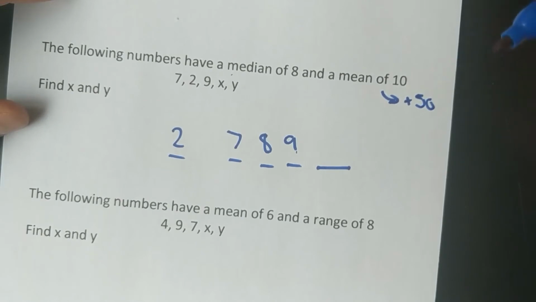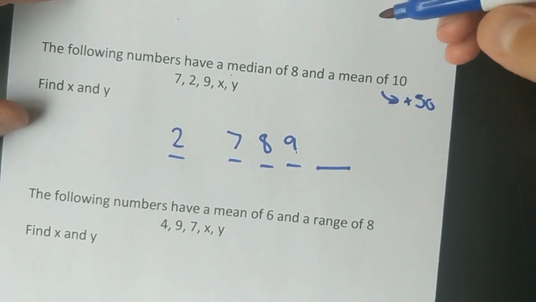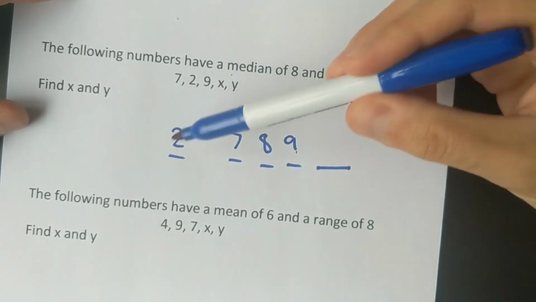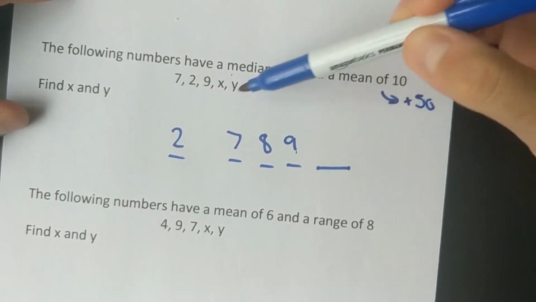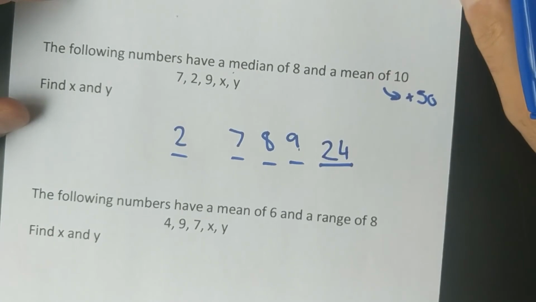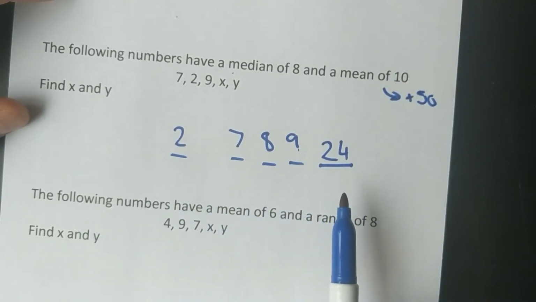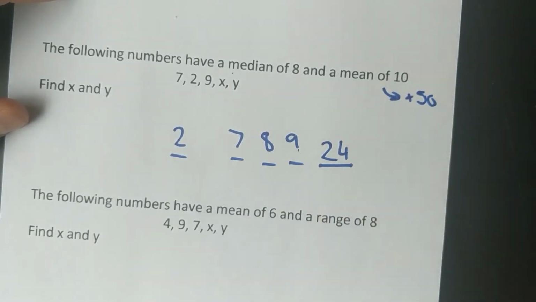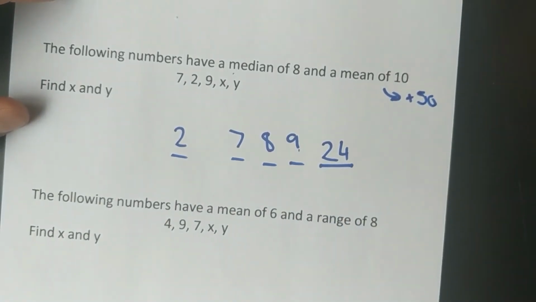That means that last, no, wait, have I added that right? 10, 19, 26, yeah. So, that feels weird, doesn't it? Missing number there has to be 24. If I add up all of these numbers and divide by 5, that gives me a mean of 10.